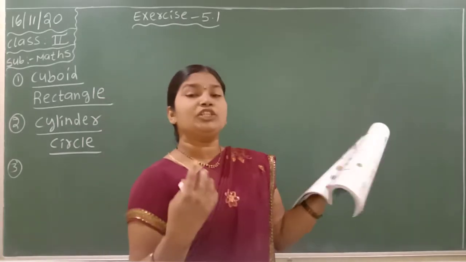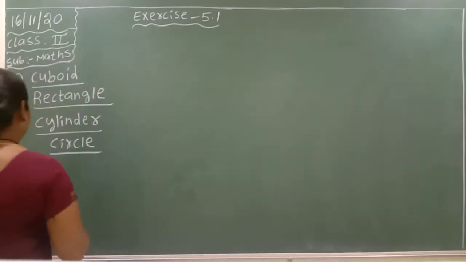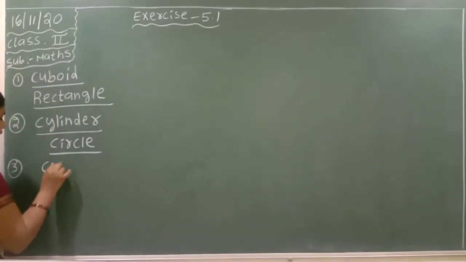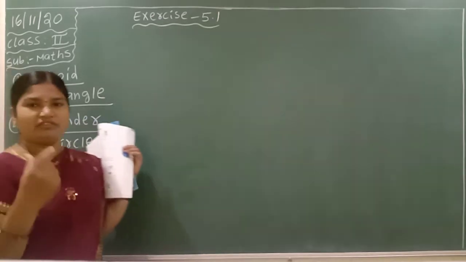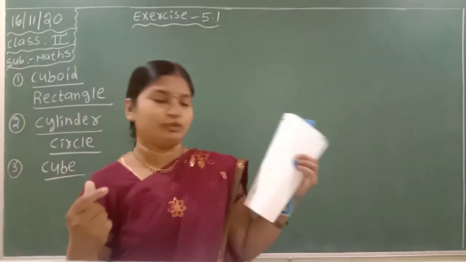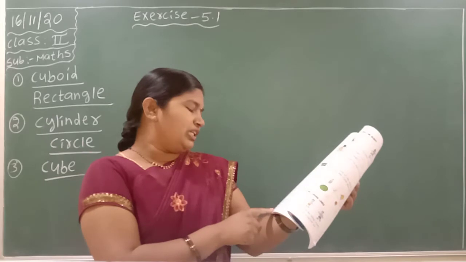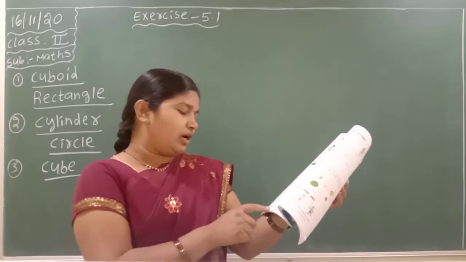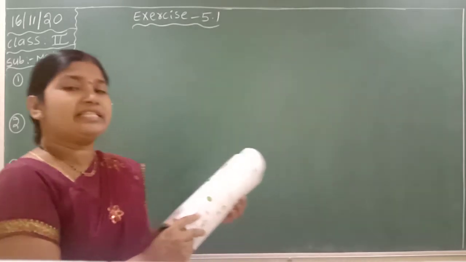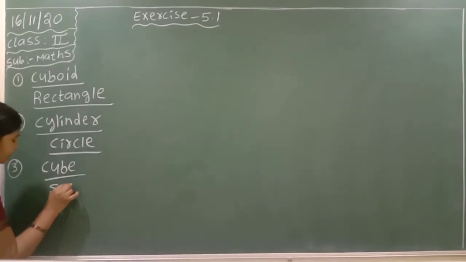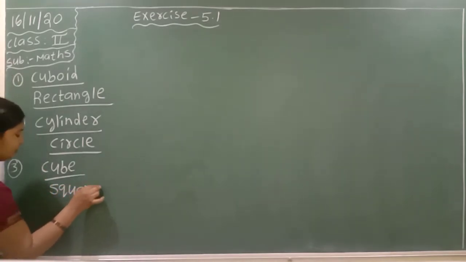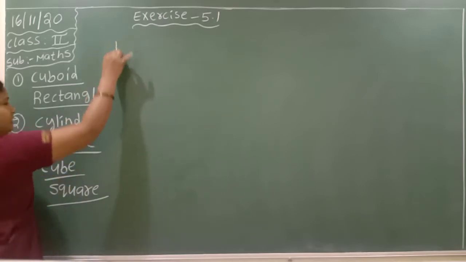Did you get a cube shape? Why? Because a dice is in the shape of a square. Squares joined together in one place give us a cube. And what is the flat shape you see on its sides? There you are observing a square. S-Q-U-A-R-E. Square.